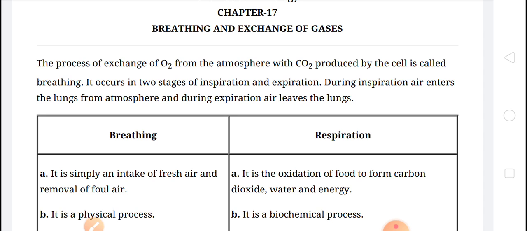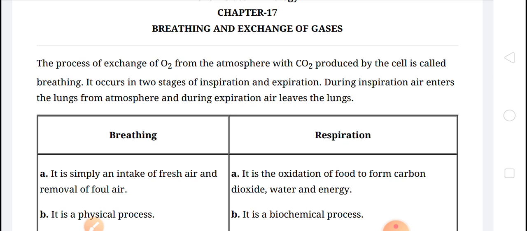By inspiration, oxygen rich air is taken inside the body of the organism, and by expiration, the carbon dioxide rich air goes outside the body. So in breathing, that is inspiration and expiration, exchange of gases takes place. It is a physiological process.